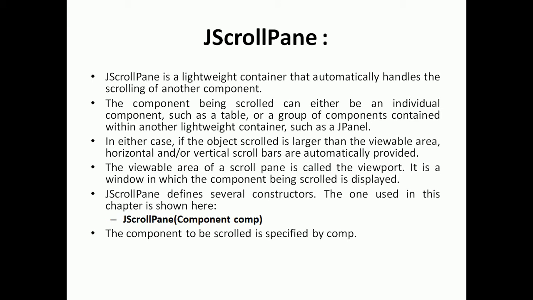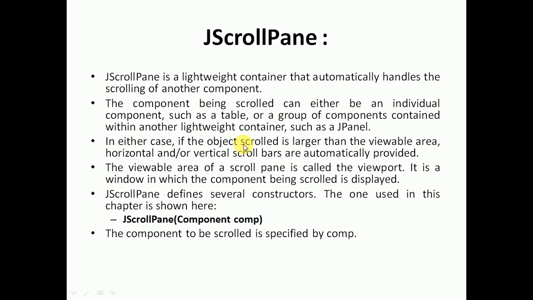So remember, this JScrollPane is basically used to scroll the area which does not fit within the window, and there is some other extra content available which you will not be able to view within that window. So these horizontal scroll and vertical scroll bars will be automatically added so as to view the hidden area or a hidden part of the window.